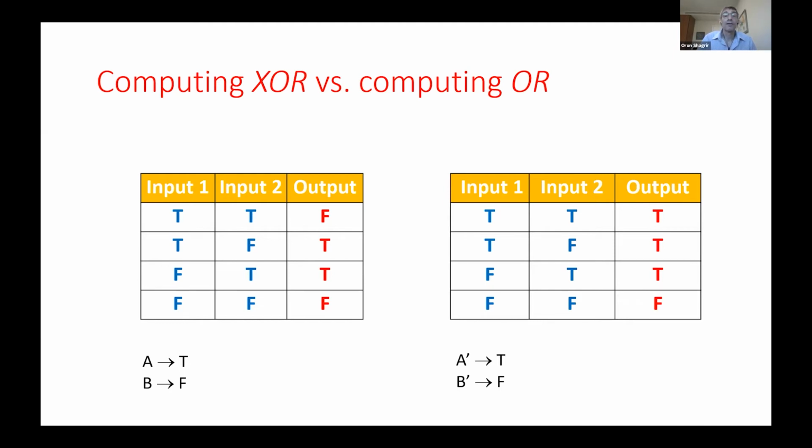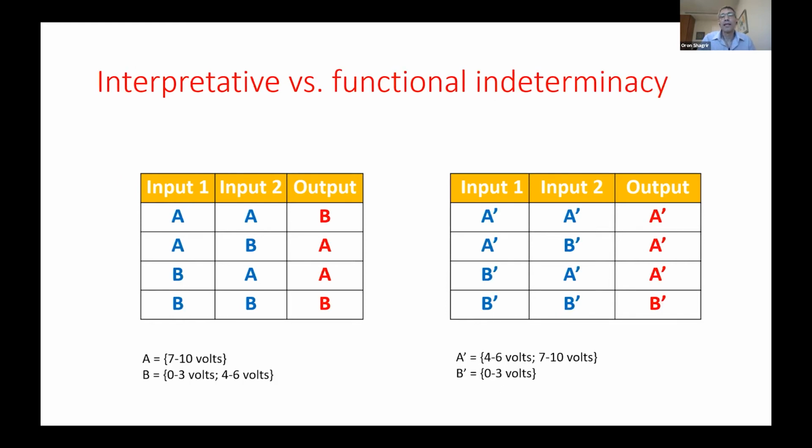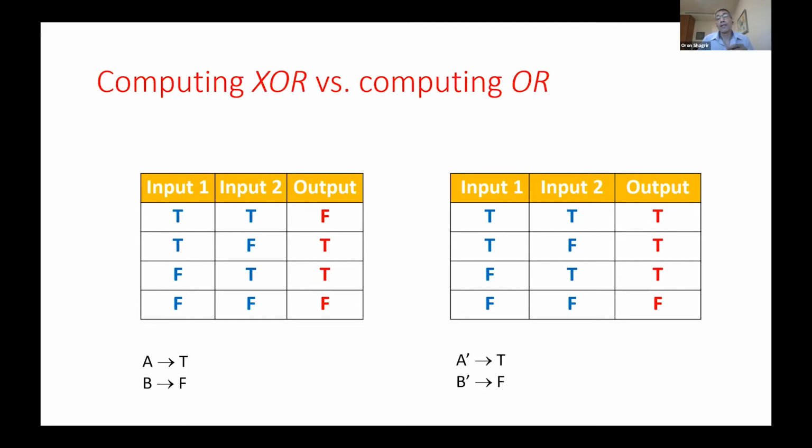But in fact, as you can see, the real indeterminacy here is not interpretative, but functional, because it arises since we started from different groupings of the physical states. This is the real source of indeterminacy, and then we simply assign truth values, but to different functional states. So this is why we got indeterminacy.